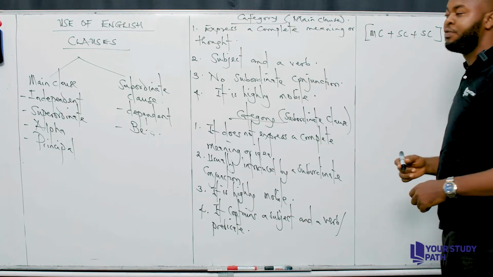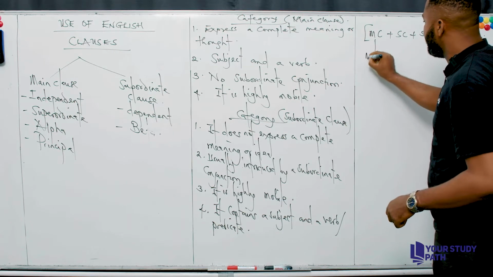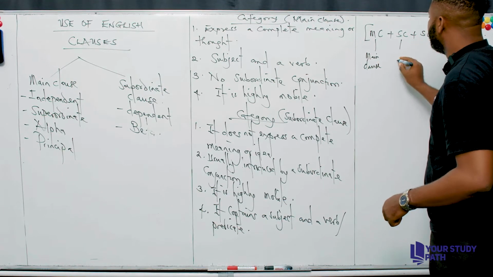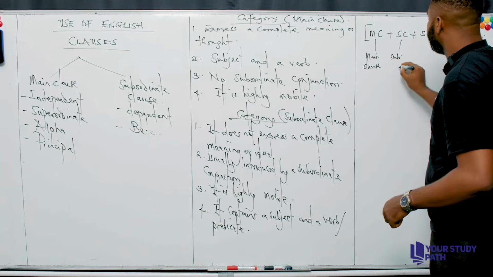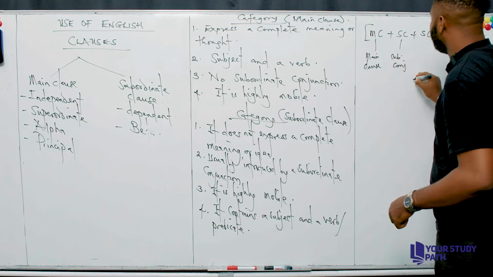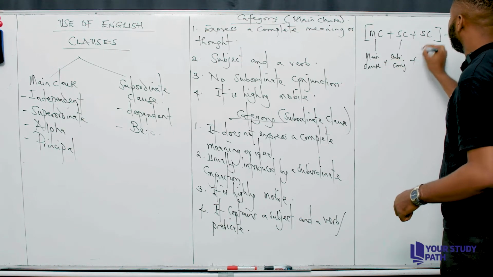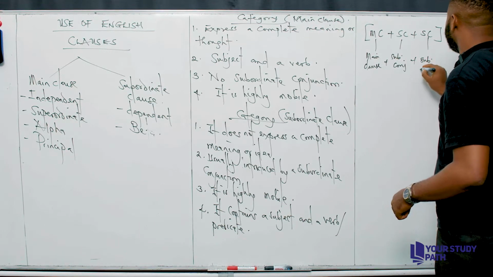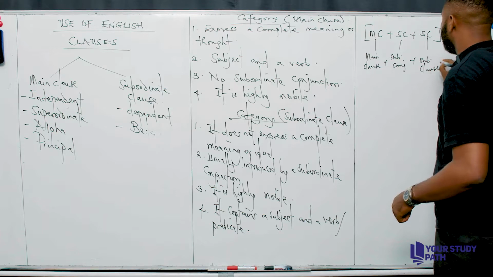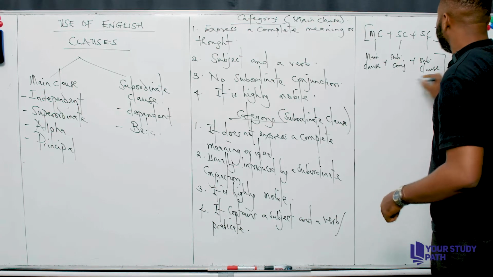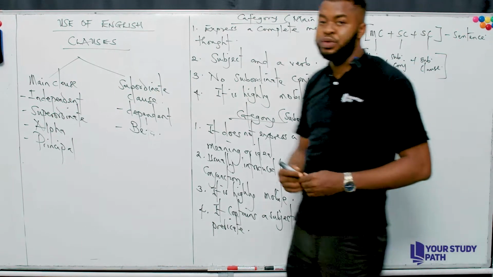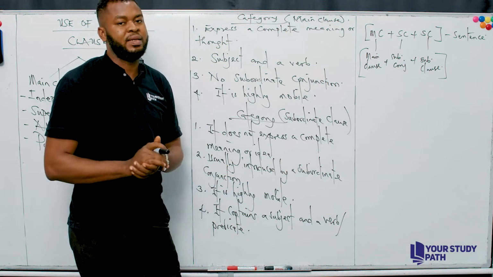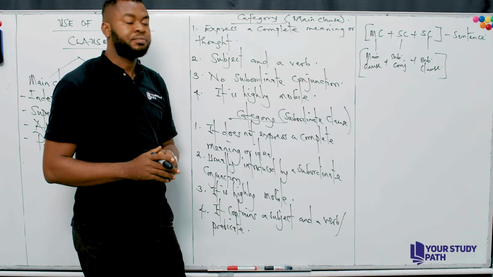So for you to form a sentence, you must have 1, a main clause; 2, a subordinate conjunction; then 3, a subordinate clause. All right, so this refers to how to form a coherent, effective sentence.